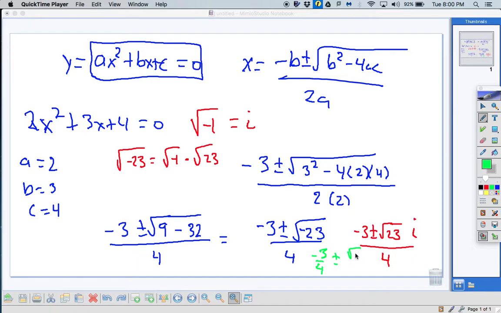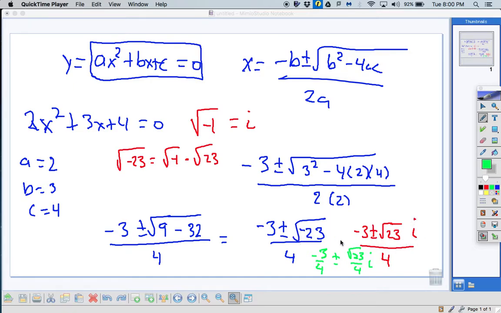So we have the square root of 23 over 4, and that i stays there at the end. So this is our level 4 answer. Up here in red is our level 3 answer. And then by the time we get up here, we're talking at very best maybe a level 1 answer. We really want to see this i out to be a level 1.